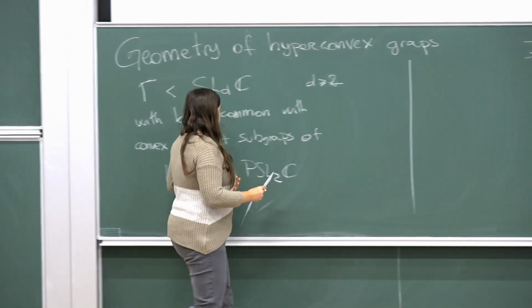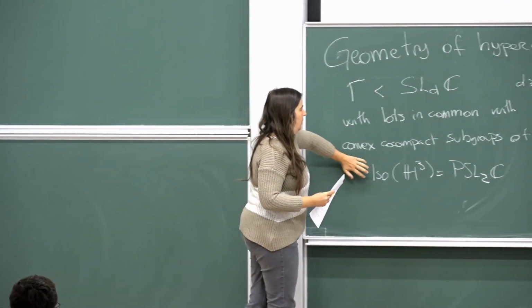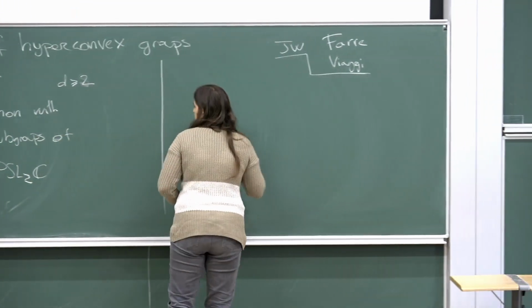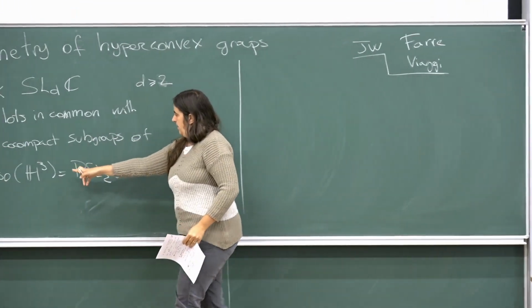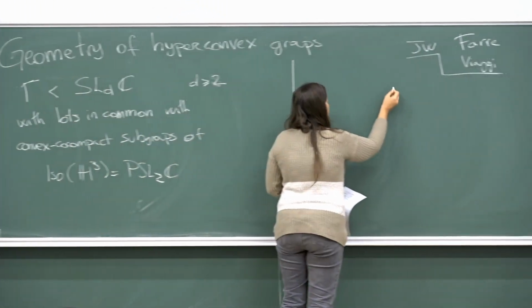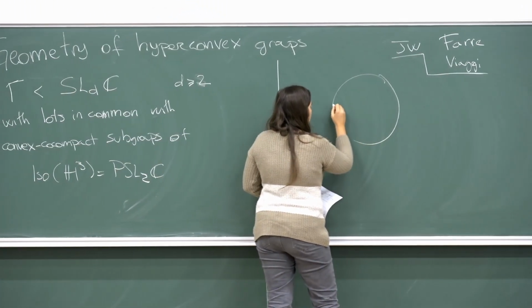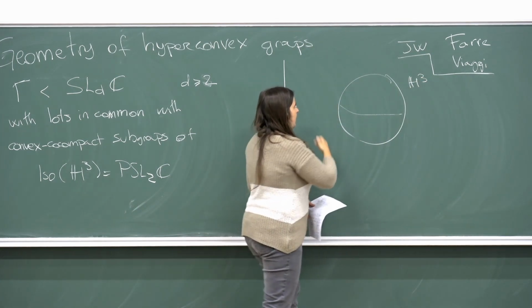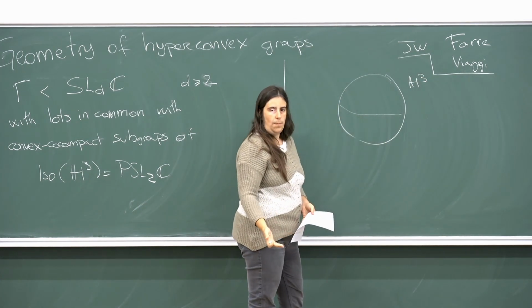Okay, so what is special for me about this setting here? If I have a convex cocompact subgroup of the isometry group of H^3, this means that it acts on the 3-ball and has some convex subset on which it acts cocompactly.